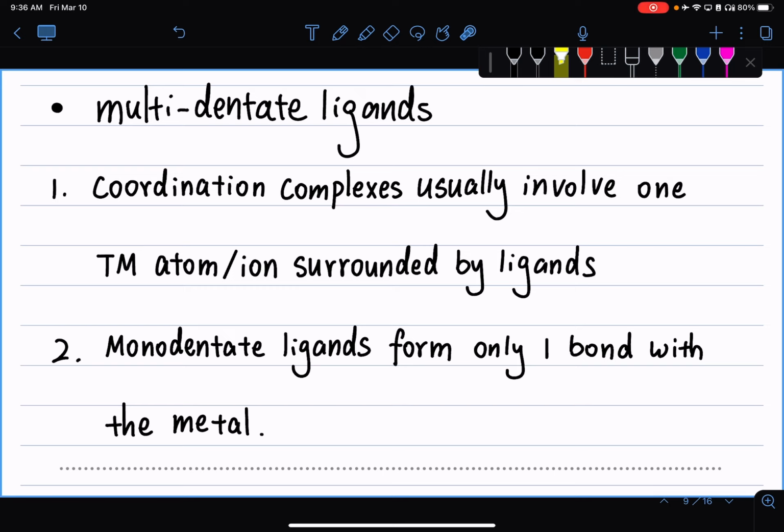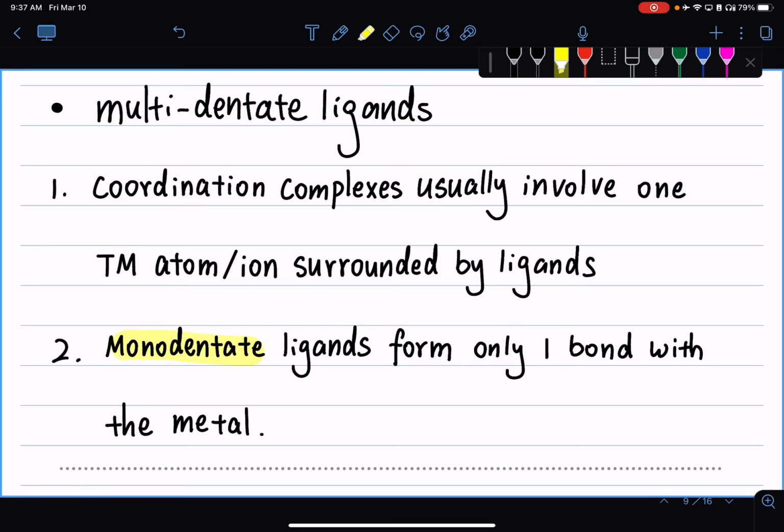You can have one transition metal center, but the ligand associated with it can make multiple bonds to that transition metal center. What we discussed before, like ammonia or chloride, are called monodentate ligands. A monodentate ligand only makes one chemical bond with the transition metal center.